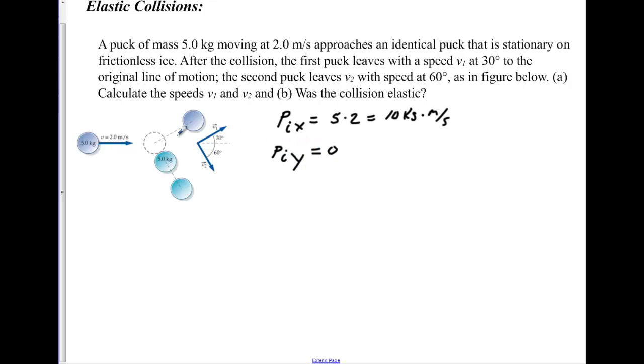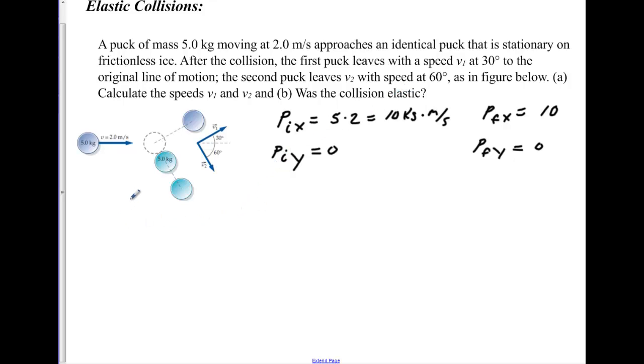We set that equal to 0 because we have no motion in the y direction. From this, we know that the final momentum in the x direction must equal 10. We also know the momentum final in the y direction must equal 0, because momentum is always conserved whether it's an elastic collision or an inelastic collision.